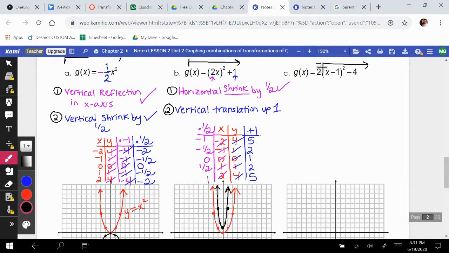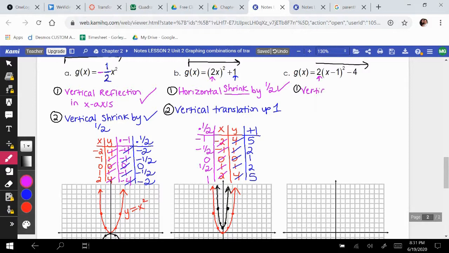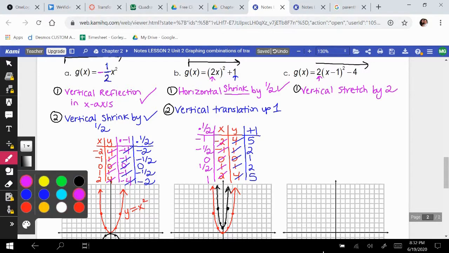Again, move left to right. First thing I see is the 2 out front. Because it's outside parentheses, it's going to be vertical. And because it's bigger than 1, it's going to be a vertical stretch. Make sure you're putting the scale factor by 2. Then we come to the x plus 1 on the inside there.